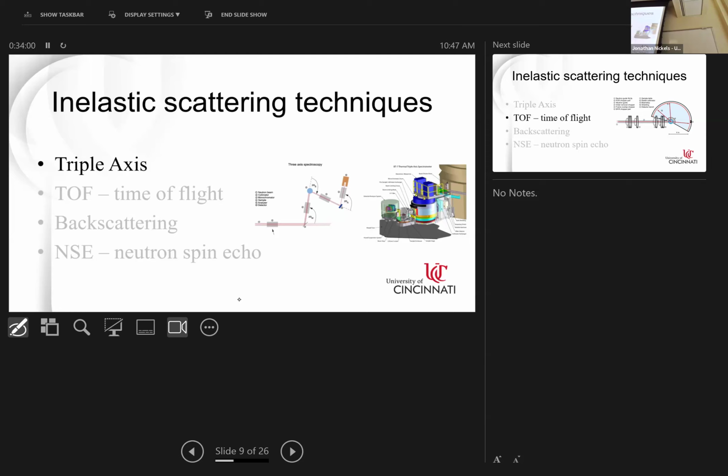There are some materials like silicon, if you cleave it on a certain axis, the 111 axis or the 001 axis, you can select a specific wavelength of neutron that will reflect off of that at a certain angle. So you take that, shoot it up towards your sample, and run it through a monochromator, and now you have monochromatic neutrons coming at your sample.